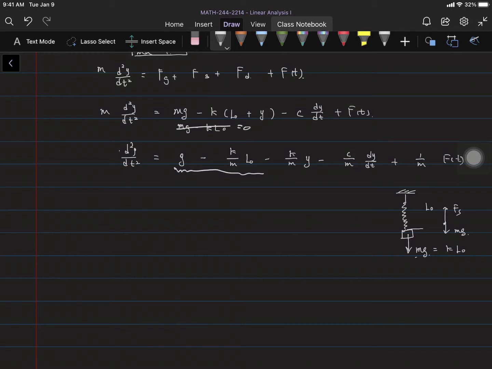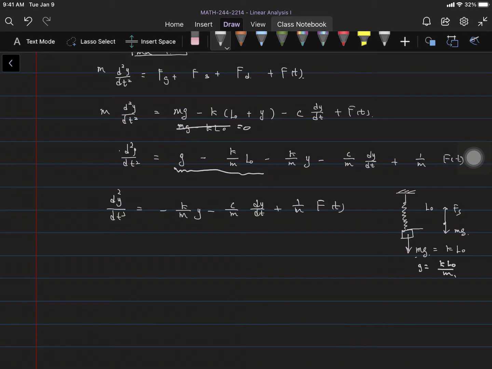Or you can divide by m, g equals kL0 over m. So this term cancels. That means d squared y over dt squared equals negative k over m y minus c over m dy/dt plus 1 over m F(t).